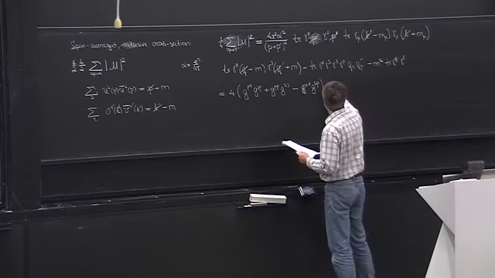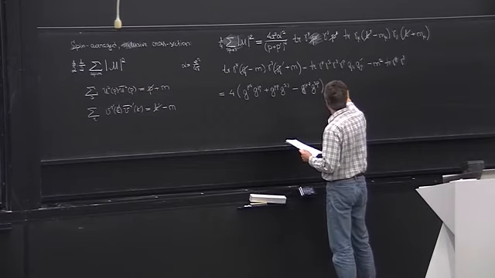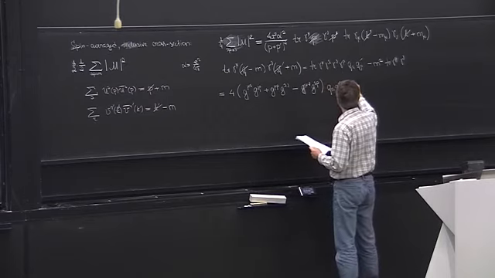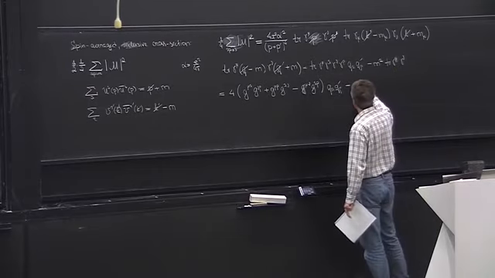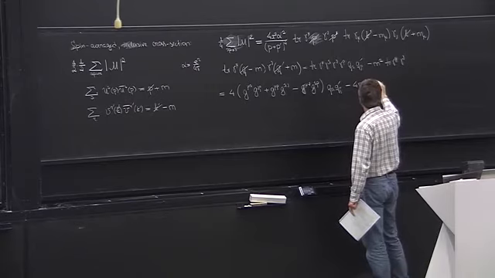So that's contracted with q lambda q prime rho. And for this term, for sure I remember that this is equal to 4 m squared g mu nu.